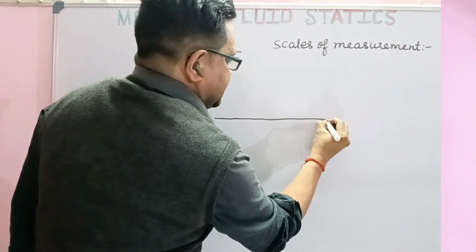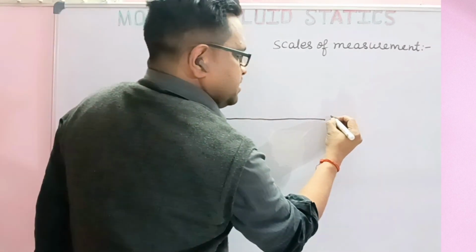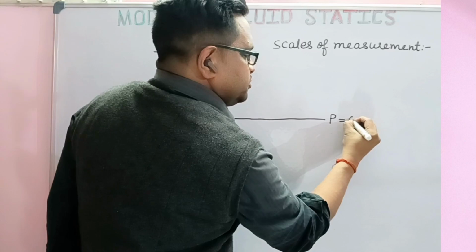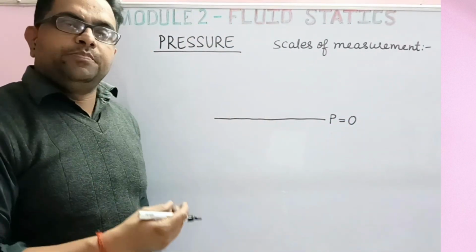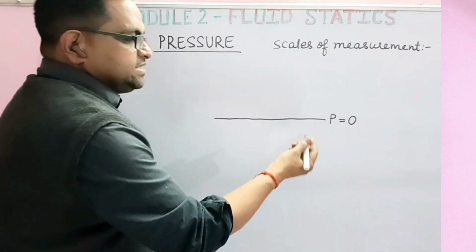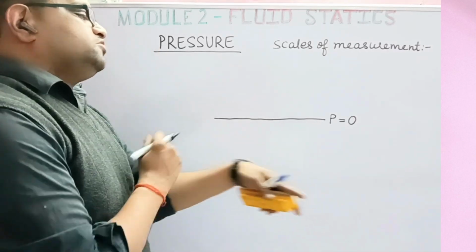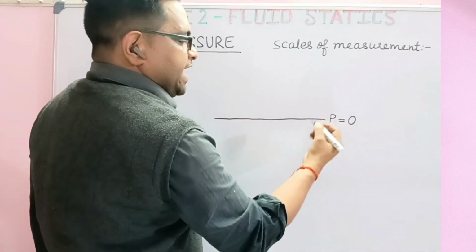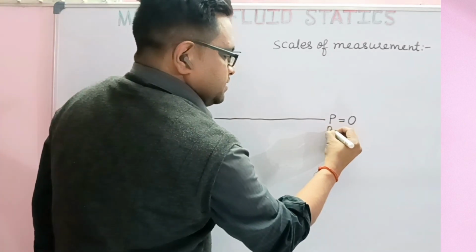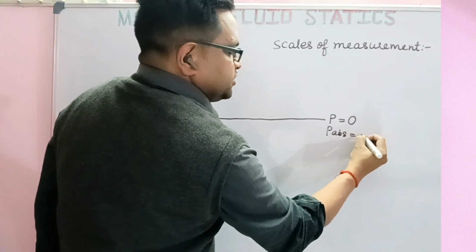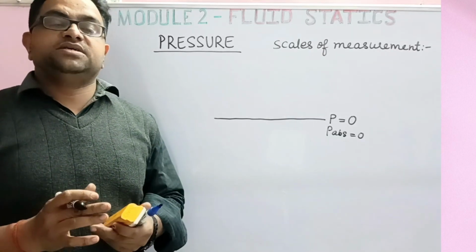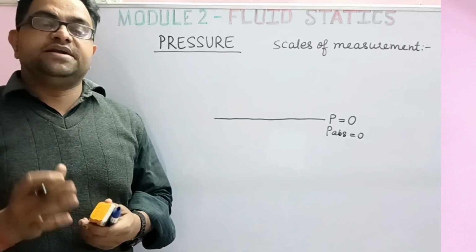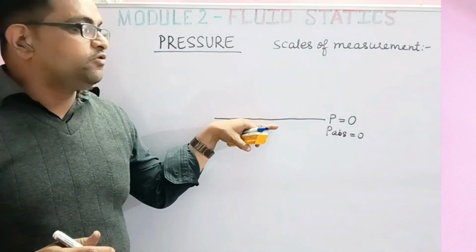Now this is the baseline, which represents P equal to 0. It is a zero pressure line. When we talk about absolute pressure, this is P absolute equal to 0, because absolute pressure is the actual pressure at a given position, and it is measured relative to absolute vacuum.